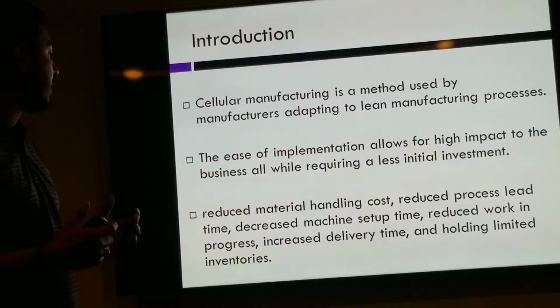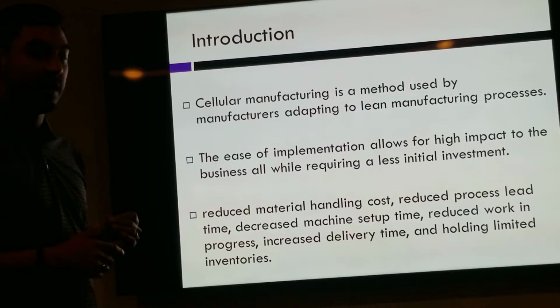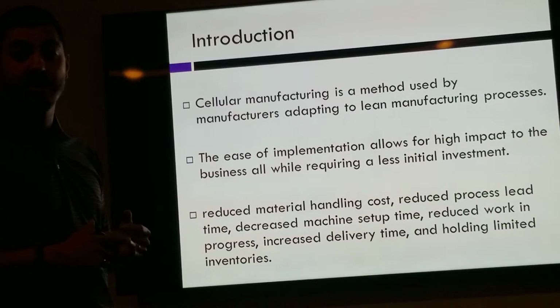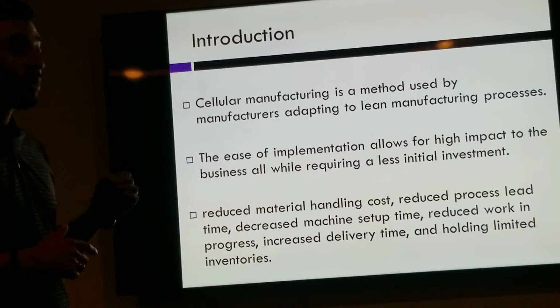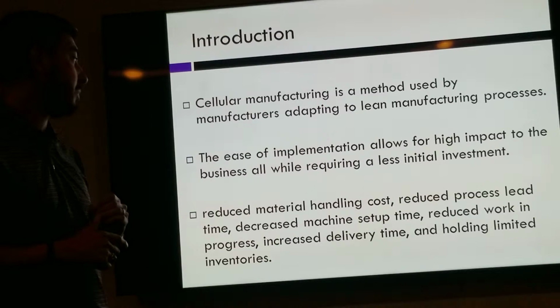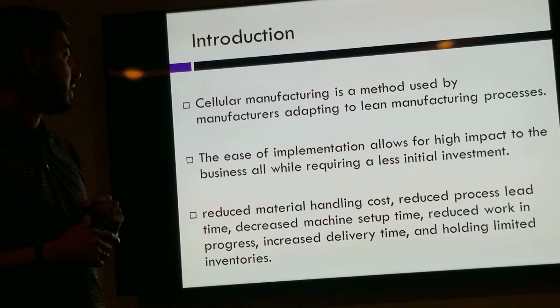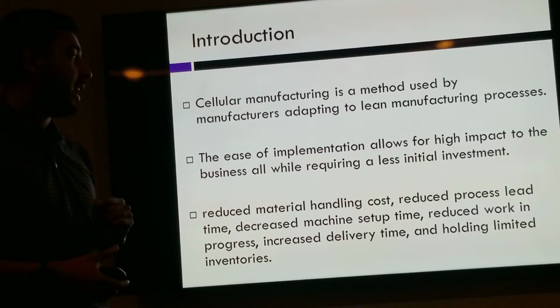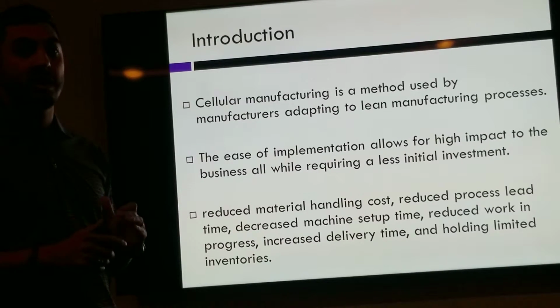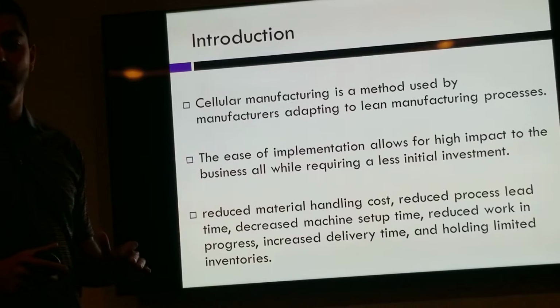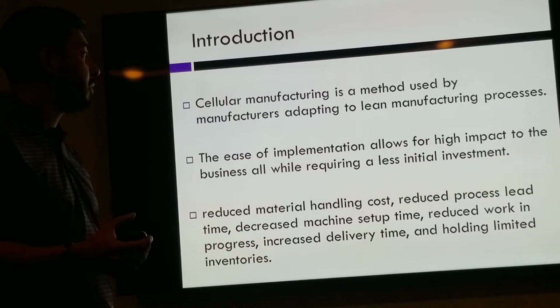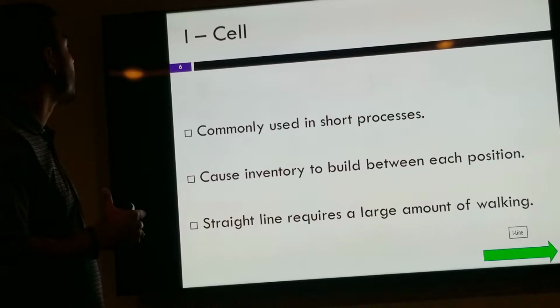So the benefits of this are reduced material handling costs, reduced process lead times, decreased machine setup time, reduced work in progress, improved delivery time, and limited inventories on hold. So we'll have good use of our space.